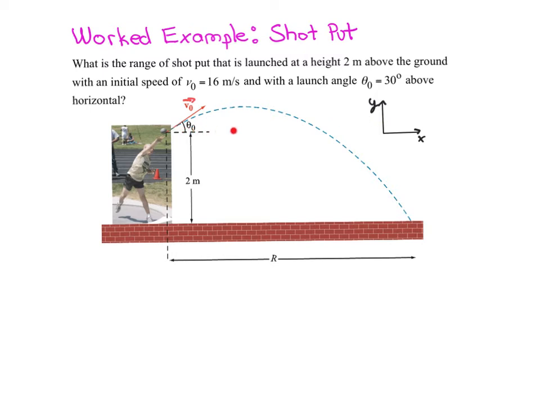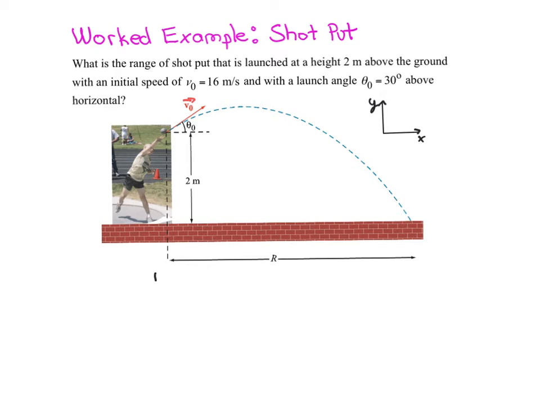In the horizontal direction, the object travels with zero acceleration, and so the horizontal component of the velocity remains constant throughout the motion, whereas in the vertical direction, there's a downward acceleration of 9.8 meters per second squared.